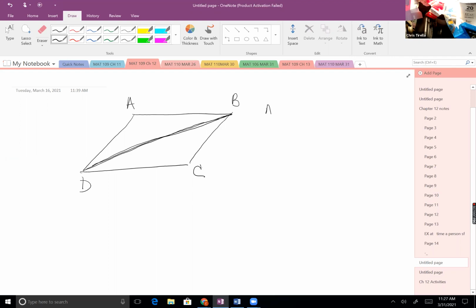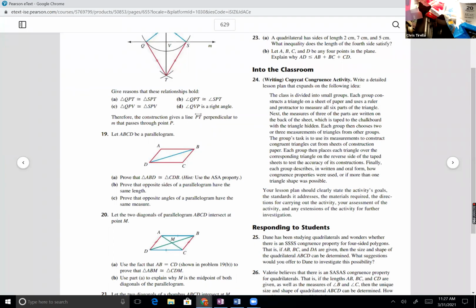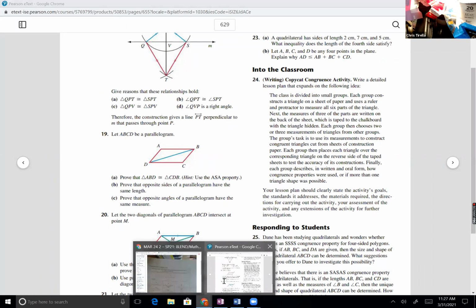And so we know that ABCD is a parallelogram. BD is a diagonal. And we want to end up saying that triangle ABD is congruent to triangle CDB.